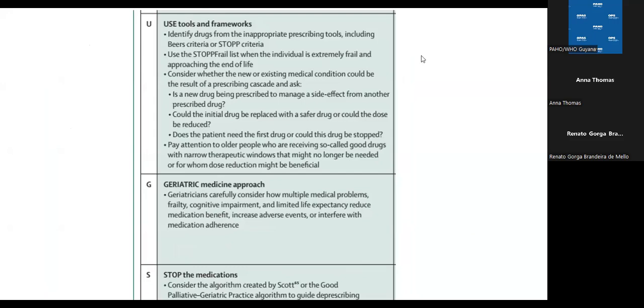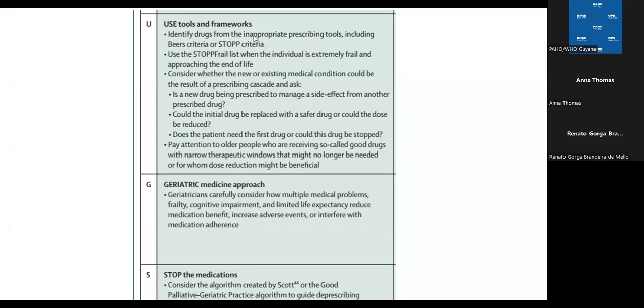Going on, the letter U, use tools and frameworks for proper prescribing in older adults. Identify drugs from the inappropriate prescribing tools, including Beers criteria or STOPP criteria.